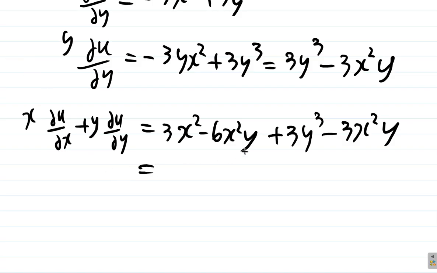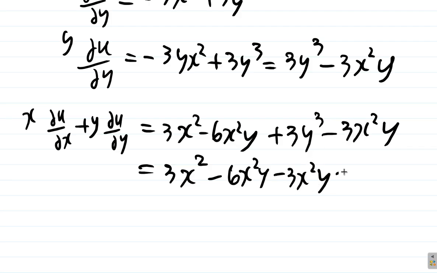So what happened here? Let's put the x's together and the y's together and so on. This is going to be 3x cubed, the x squared y part, minus 6x squared y minus 3x squared y plus 3y cubed.